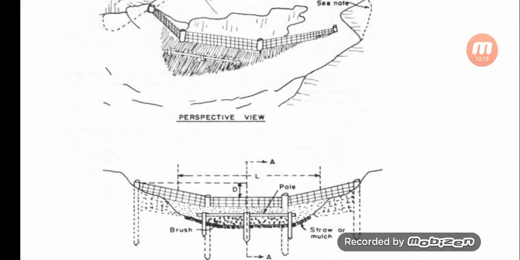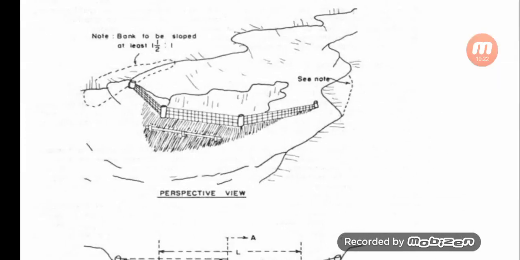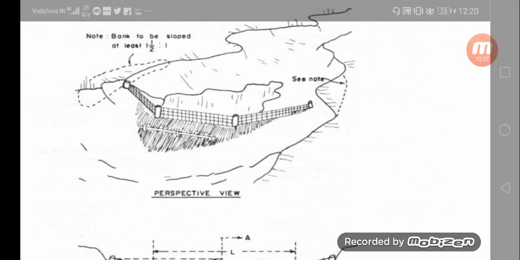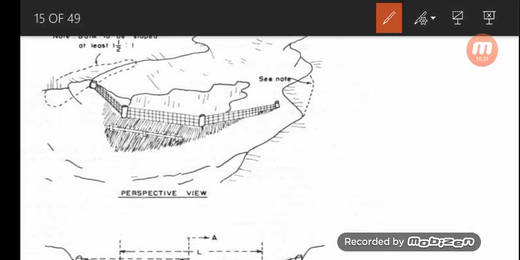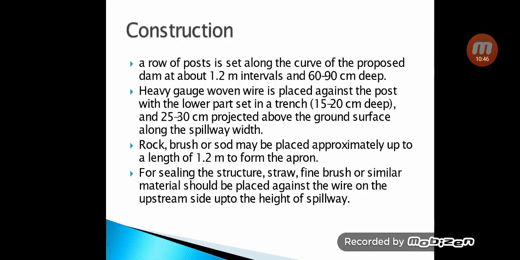You can see the top surface. These are the wires that are 25 to 30 centimeter above the ground and 15 to 20 centimeter deep. Okay, so this is the construction of woven wire dams.